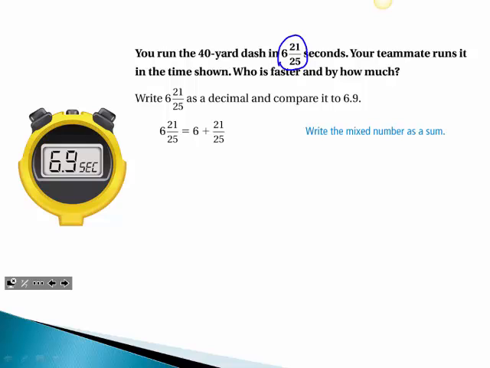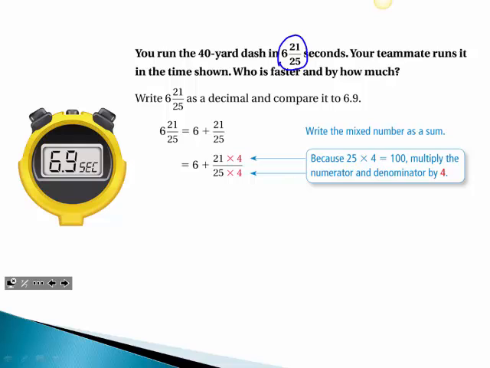First we separate it because we know we're going to have a 6 as a whole number. Now they chose method 2. They chose to make the denominator into 100, so it's 84 over 100. That means I need to have an 84 in my hundredths spot. So it would be 6.84.